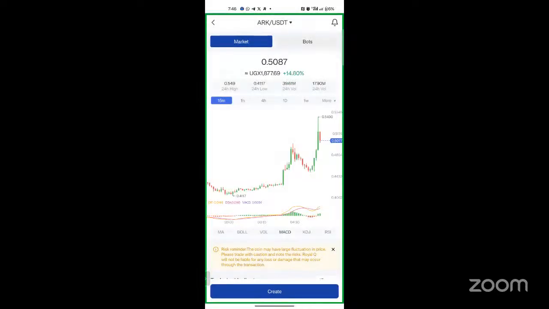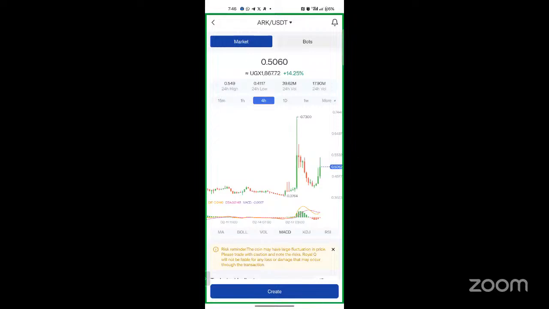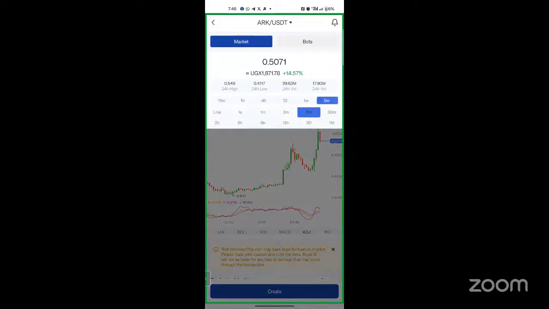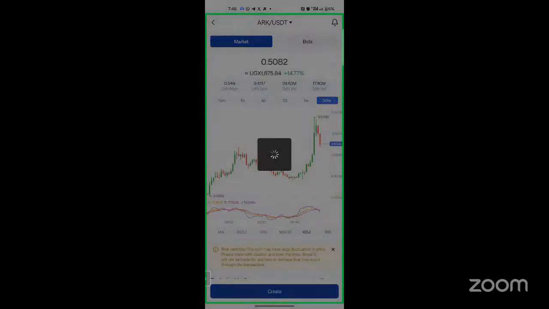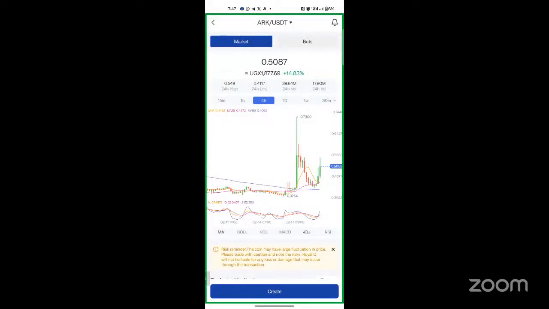It will have some floating loss, but in the bigger time frame, it's a good coin. There will be some floating loss, so make sure you trade with margin calls, because in the shorter time frame, my friend, the coin is going down. But in the bigger time frame, the coin looks good.